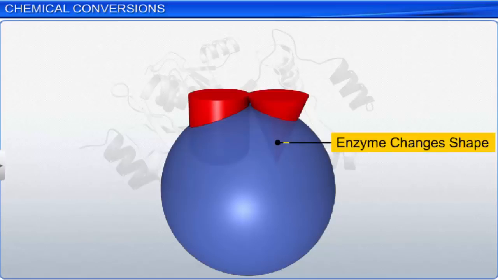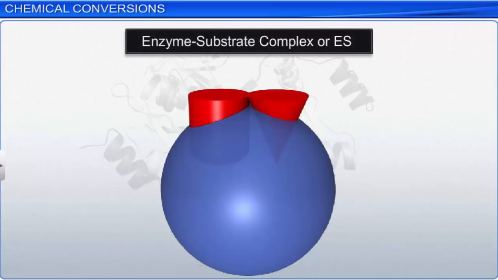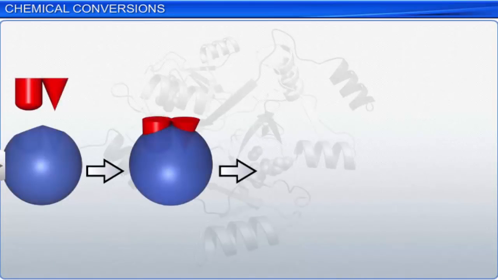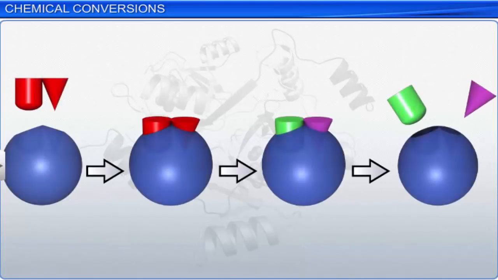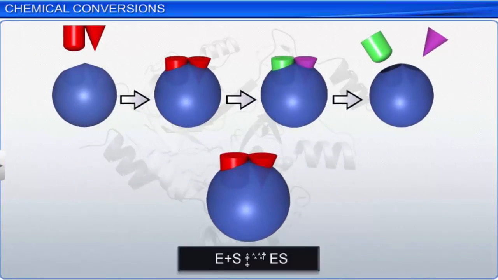This leads to the formation of a highly reactive enzyme-substrate complex or ES complex. This complex is short-lived due to its instability, but it is extremely important for catalysis. These temporarily formed complexes are also known as transition state structures.